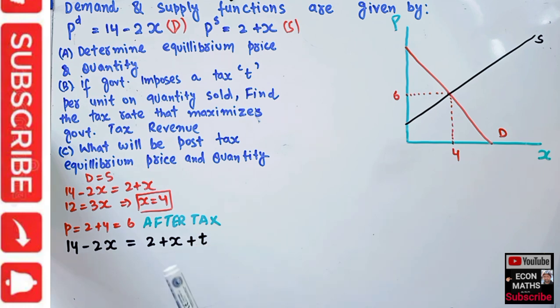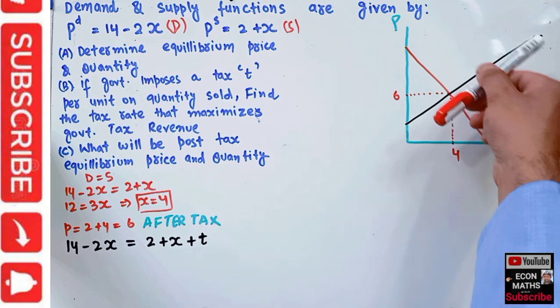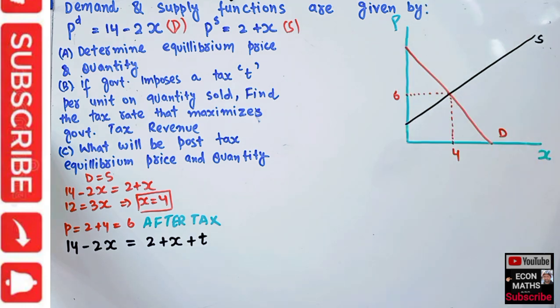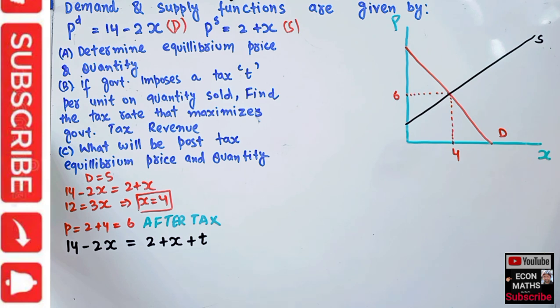Simple thing: after tax we equate the demand function with the new supply function. Obviously when tax is imposed on a per unit basis, this supply function will shift leftwards, because marginal cost will increase, so quantity supplied will be less.